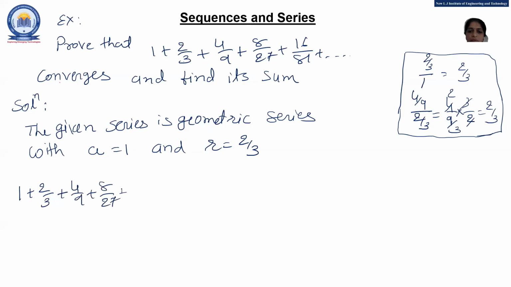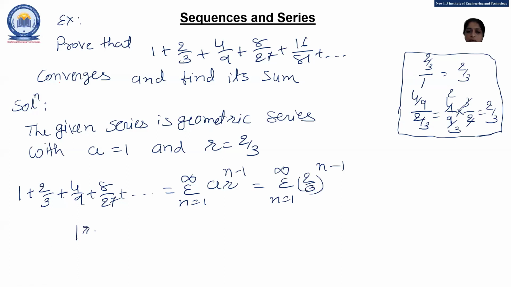can be represented in the form of summation n from 1 to infinity a r raised to n minus 1, and that is summation n from 1 to infinity. Here a is 1, so no need to write 1, and r is 2 by 3 raised to n minus 1.